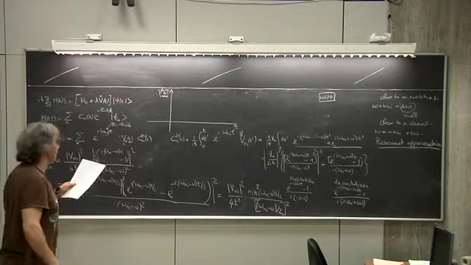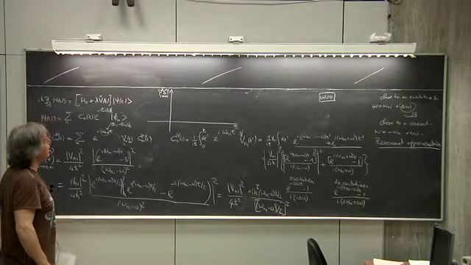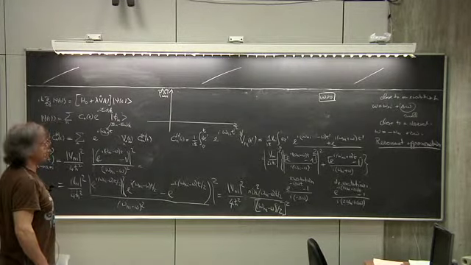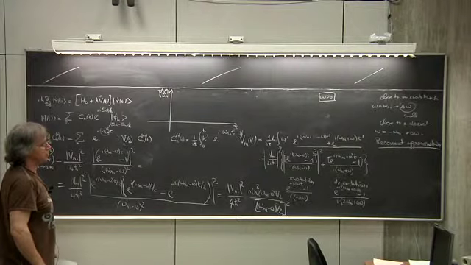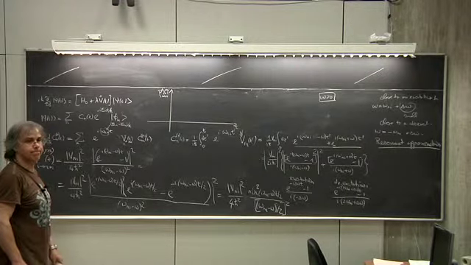How does it look like? Well, let's see. For t going to 0, first of all, what do you get?